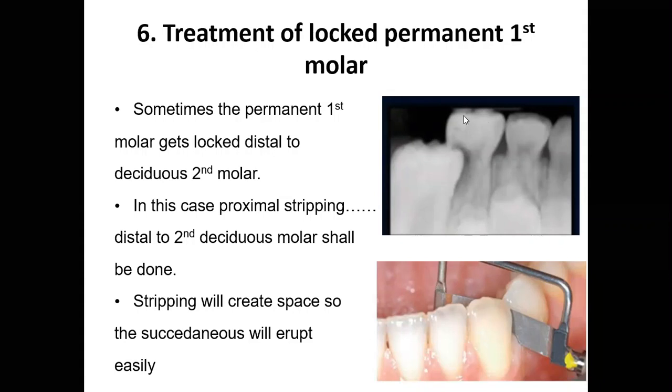If we do over slicing or over stripping, this overstripping may lead to sensitivity of the tooth, because in deciduous teeth the pulp horns are quite wide. So we have to carefully do the stripping or slicing in order to prevent sensitivity of a tooth. And after slicing, we do give topical fluoride therapy to the child.